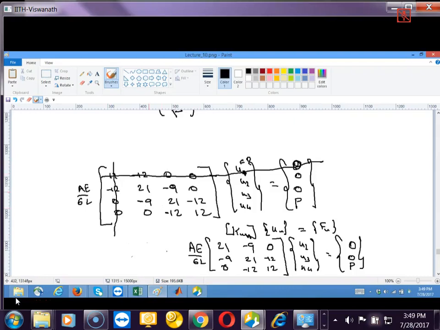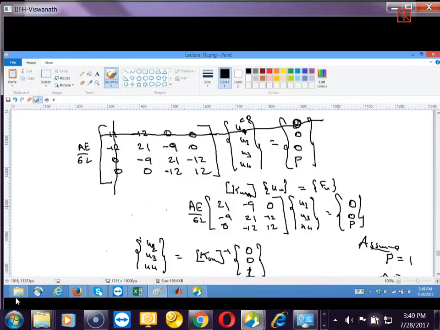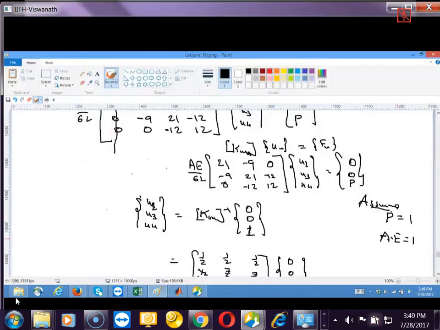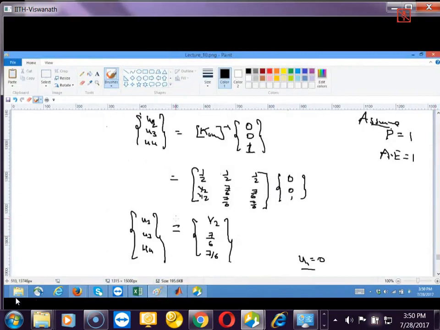My KUU is given by this small matrix, 21, minus 9, 0, minus 9, 21, and so on, my unknowns are u2, u3, u4, and my FU is 0, 0, P. Once I invert this using MATLAB, assuming P is equal to 1 and A is equal to 1, I can define my solution: U2, U3, U4 are 1 half, 7 by 6 and 7 by 6. These are the three values.